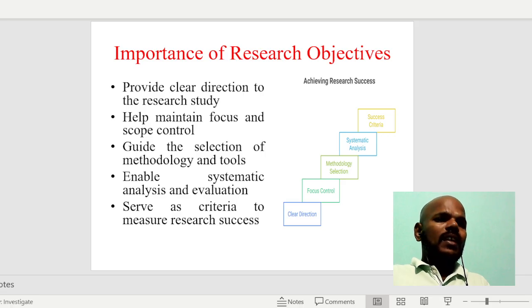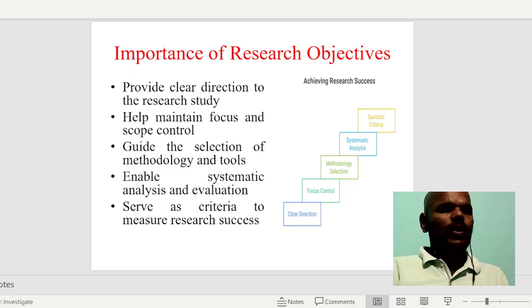It will also guide the selection of methodology and tools. Based on your research objective, it will guide you on what kind of simulation tools, what kind of models, what kind of methodology, and what kind of parameters you are going to use to achieve it.